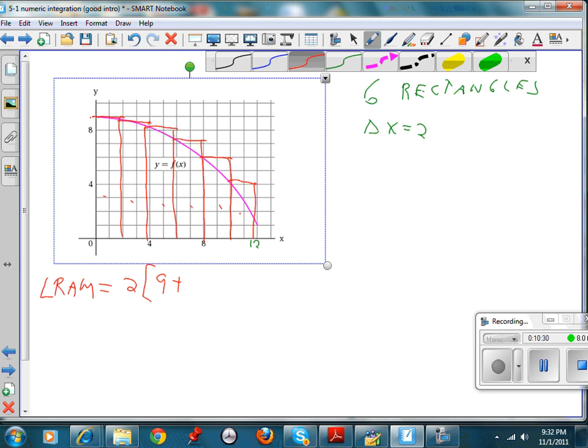Plus this one here is, let's see, 9. Shoot, I don't know, 9.6. No, sorry, 8.6. At this point here, I'd say it's 8.2. This one down here, that height right there is what, 7.2?